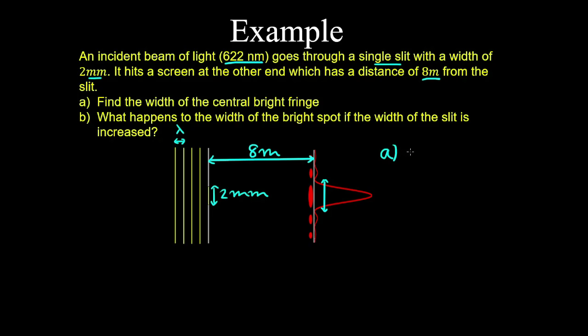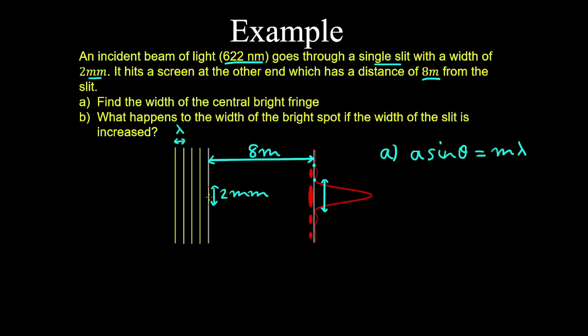So recall our formula for destructive interference, which was A sine theta is equal to the index m multiplied by the wavelength, where m equals 1 marks the first minimum, m equals 2 marks the second minimum, and so on.